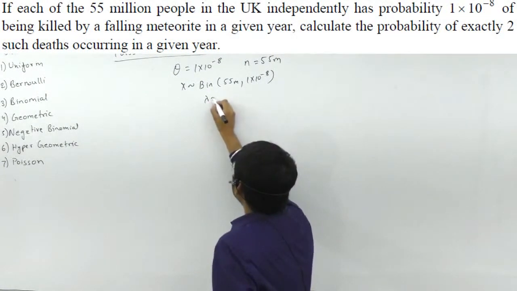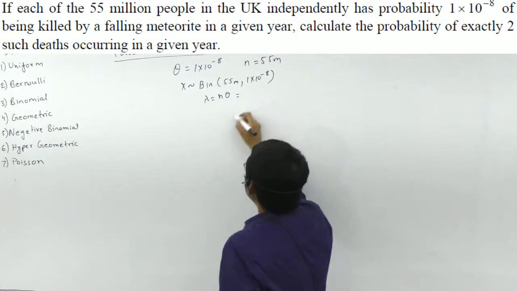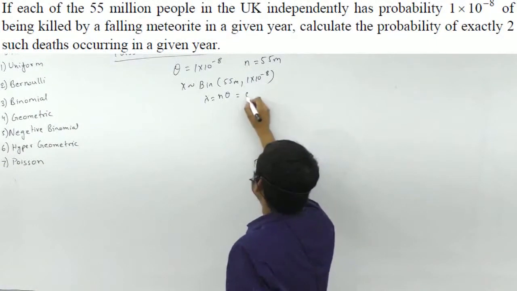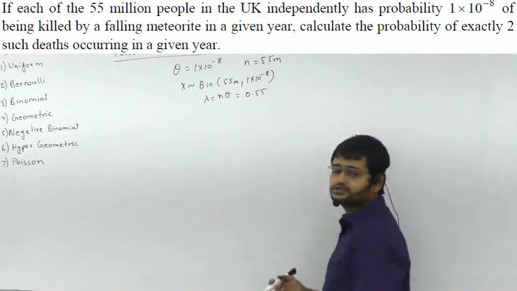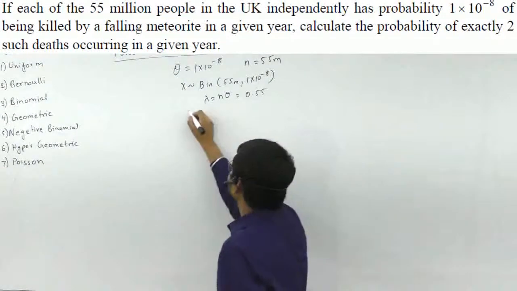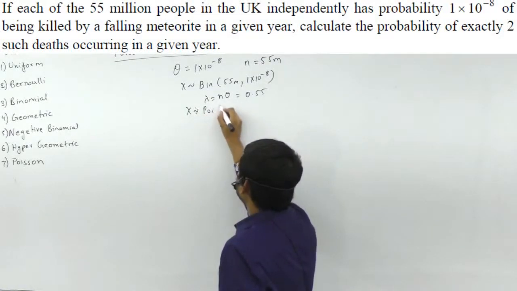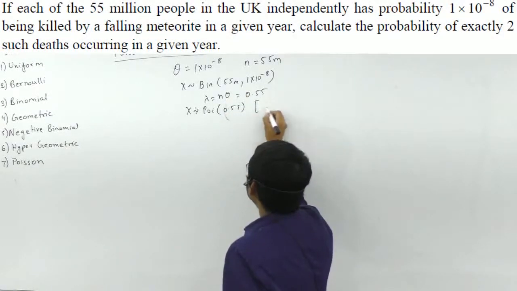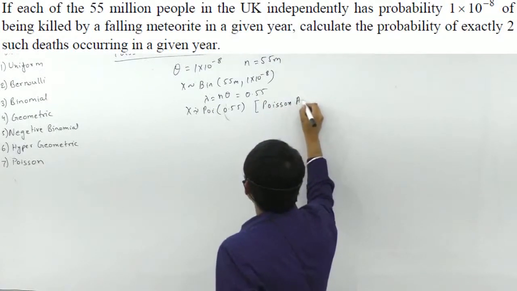We will say lambda is equal to n theta, that is 55 into 10 raised to minus 8 or 0.55, and then we can say x approximately follows Poisson distribution with 0.55, and write that we are using Poisson approximation.